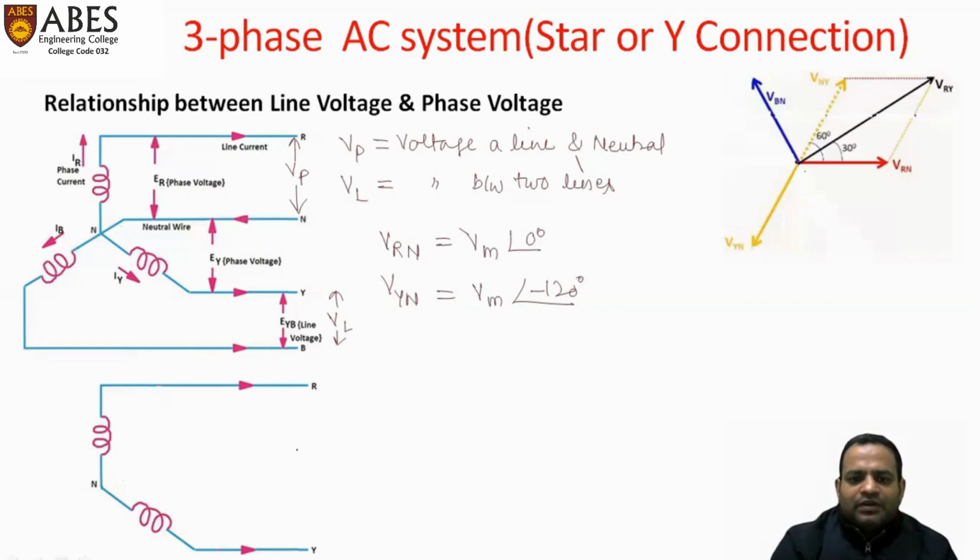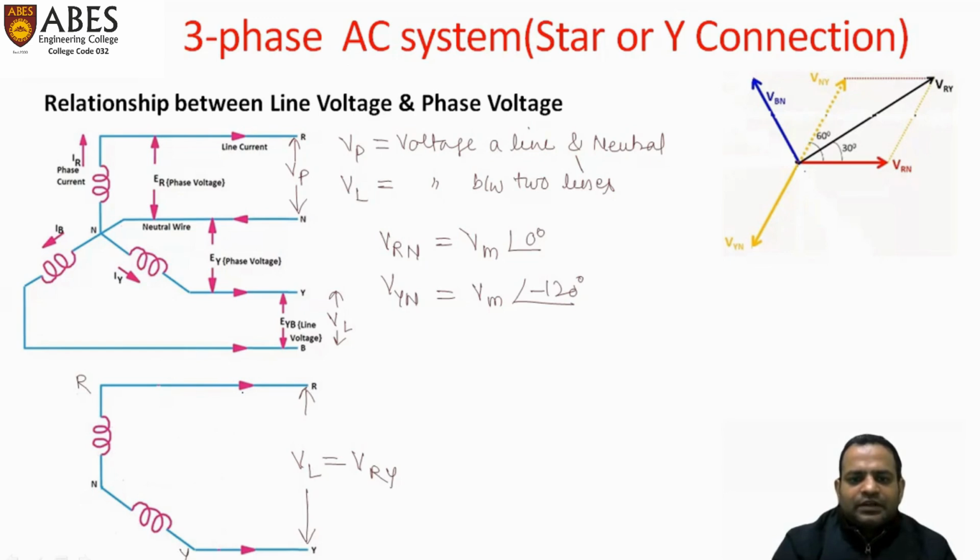What is our line voltage VRY? This is our R point, this is our Y point, and this is our N point.